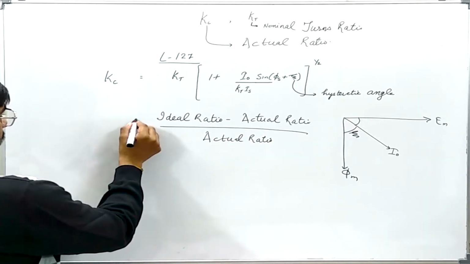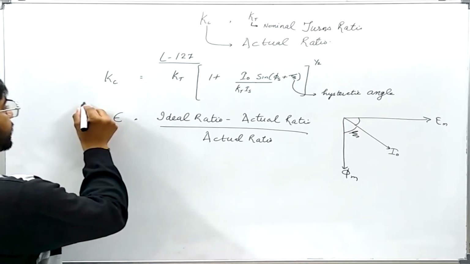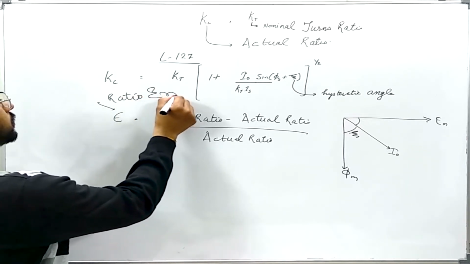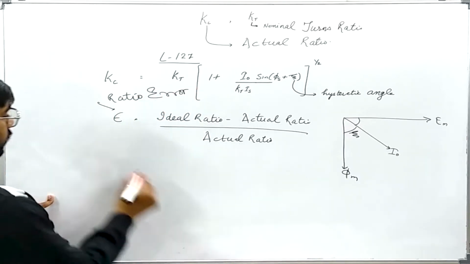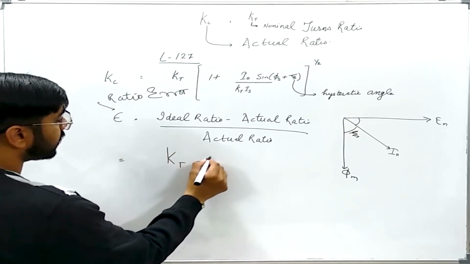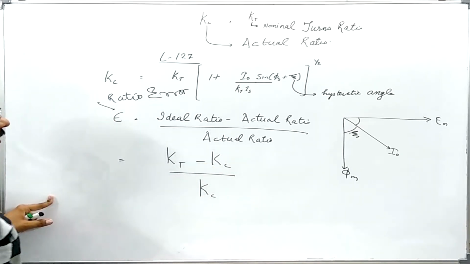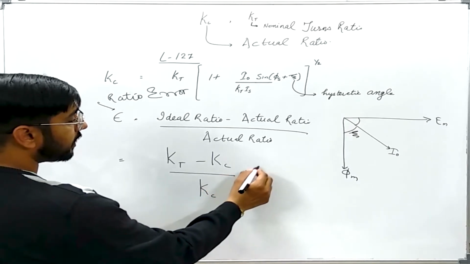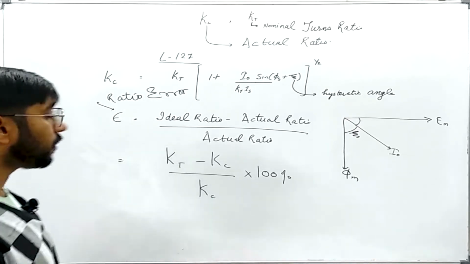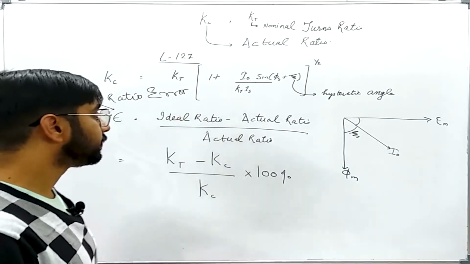That is, if I write it as epsilon, then this error, ratio error, is nothing but Kt minus Kc over Kc. This is in per unit. If I want to find it in percent, then I will multiply by 100, then it will be in percent. Okay, so in this way we define the ratio error.